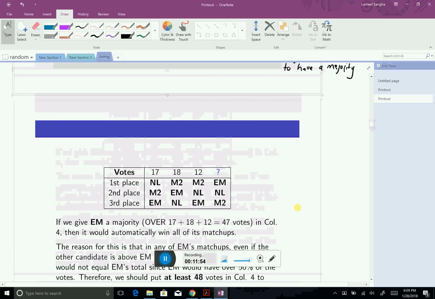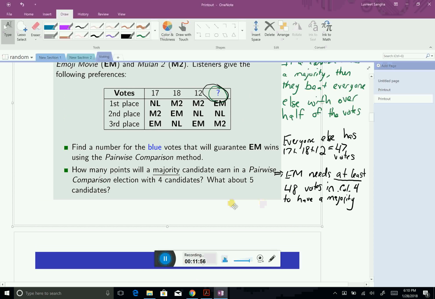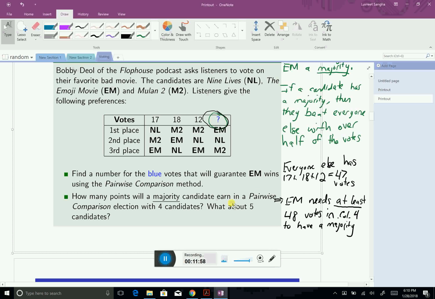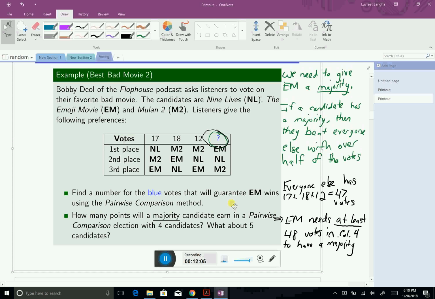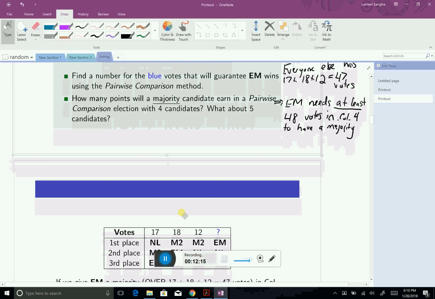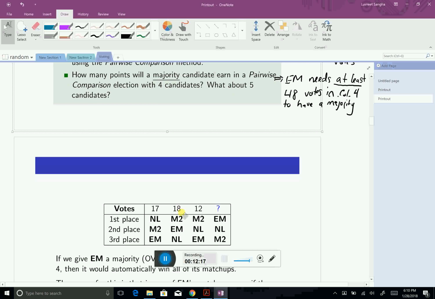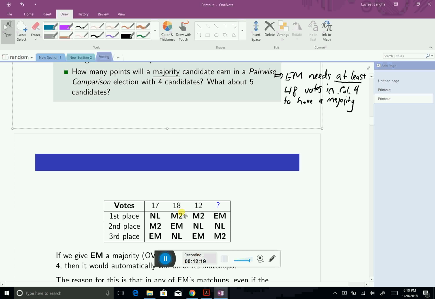So now I want to go back and answer the second question. The second question is, how many points will a majority candidate get if we use pairwise comparison and there's 4 candidates? So what we just said is a majority candidate wins all of their matchups.